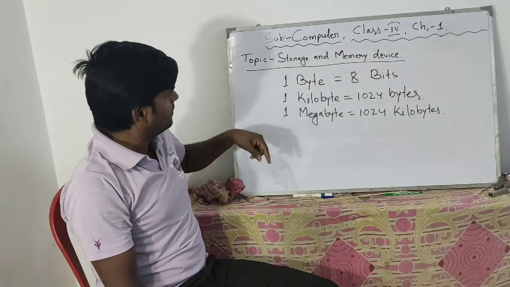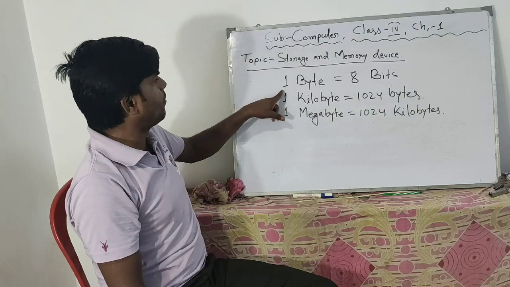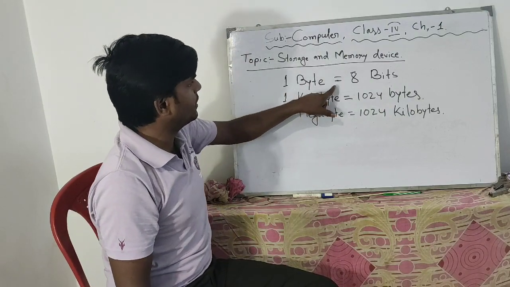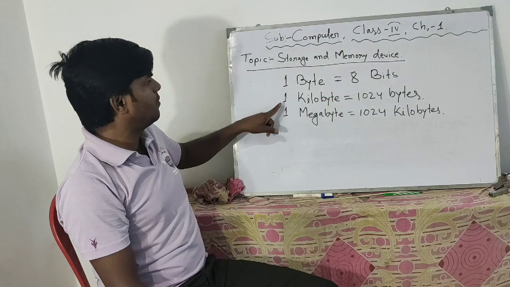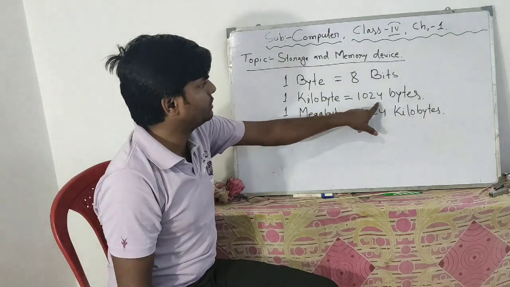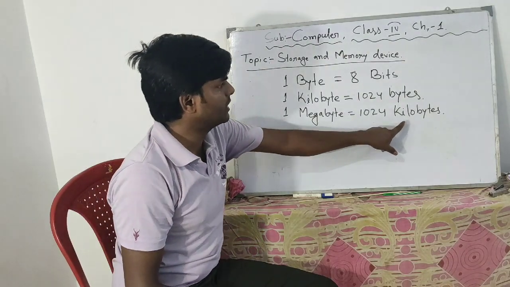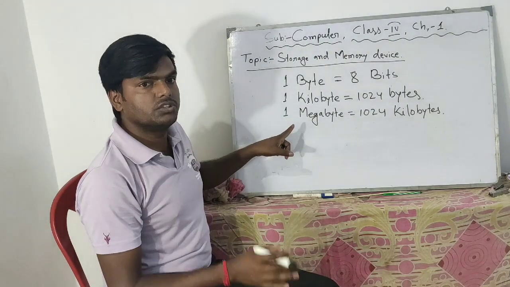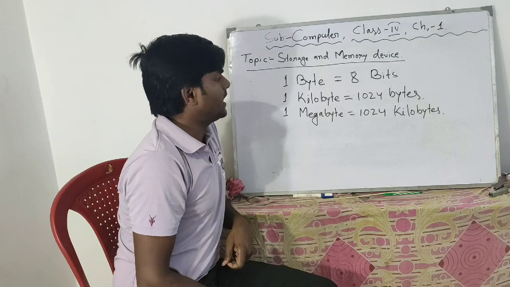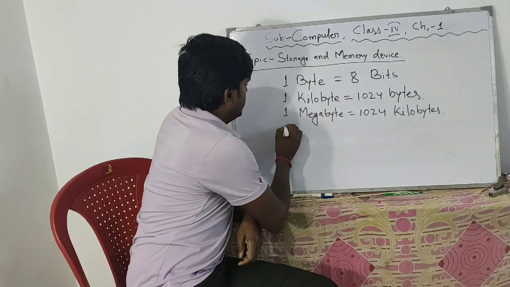So we can learn that 1 byte equal to 8 bits. Again, 1 kilobyte equal to 1024 bytes. 1 megabyte equal to 1024 kilobytes. Clear? So this is the size. Then next it is 1 GB, gigabyte.